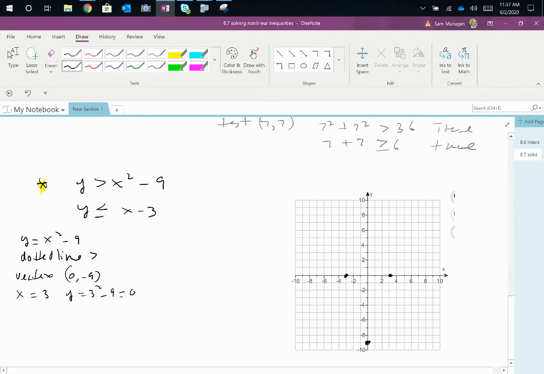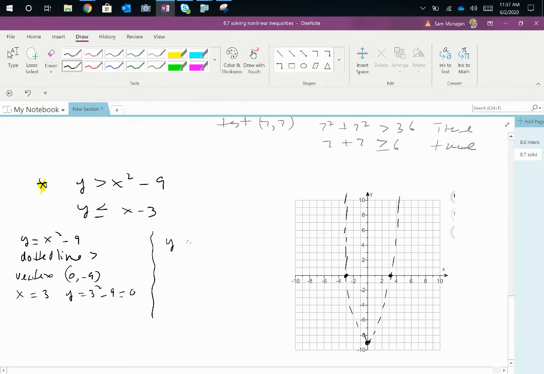Make sure that you sketch a dashed line for this because it's greater than, not greater than or equal to. Okay, and the second one is y is less than or equal to x minus 3.